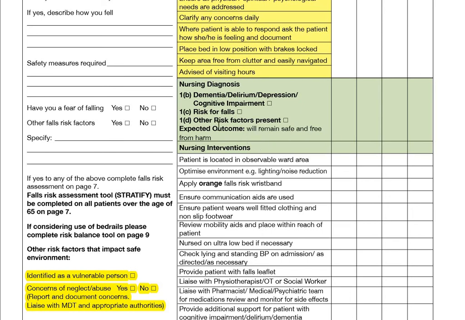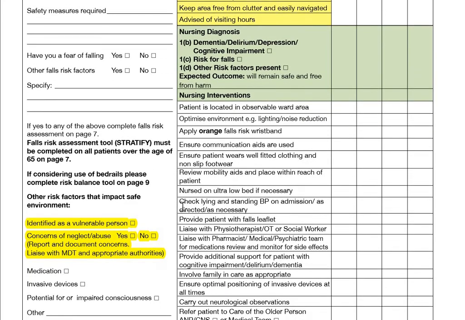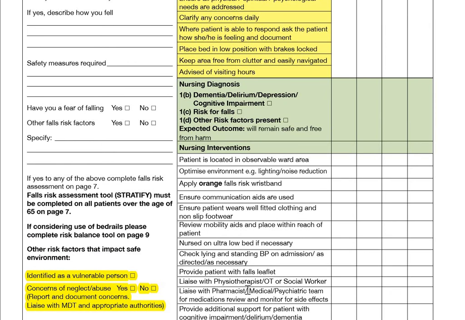Why we put these all in together is because a lot of the interventions overlap. So you might be ticking all of these boxes, or the patient might just be at risk of falls, but they may not have dementia, delirium or depression or cognitive impairment.